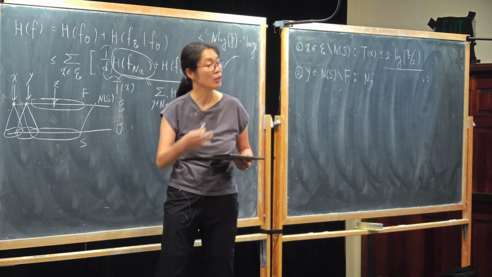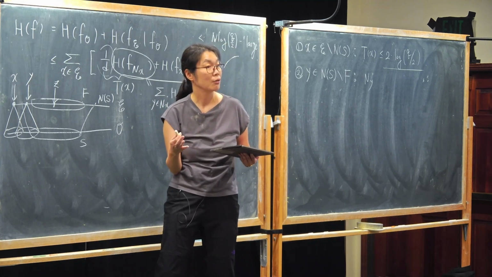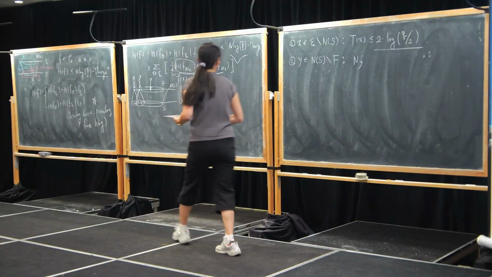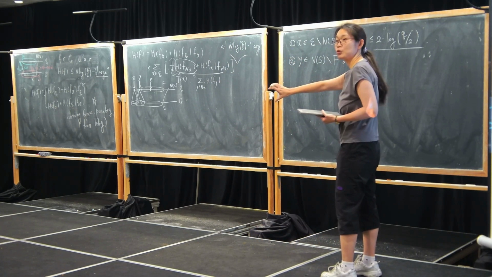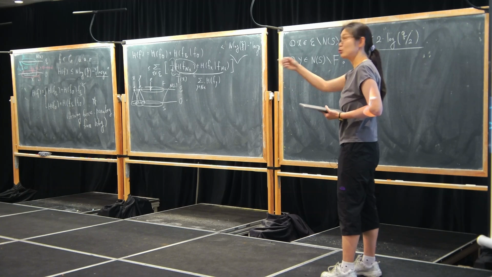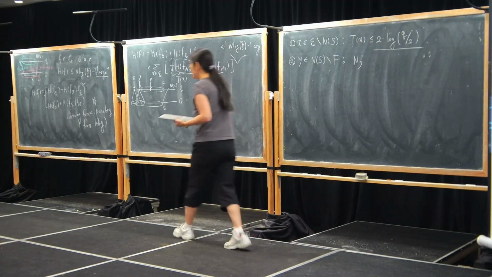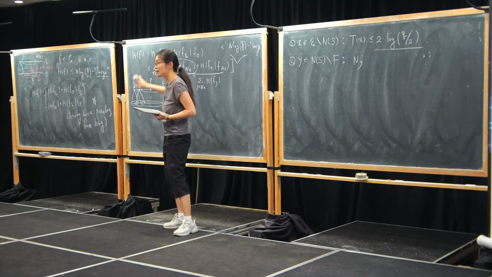It can be good, it can be bad, it can be a mixture, right? Because S contains some bad vertices. So in this case, we have to reveal the palette of the neighborhood first to get some information about the color of y and its neighborhood.